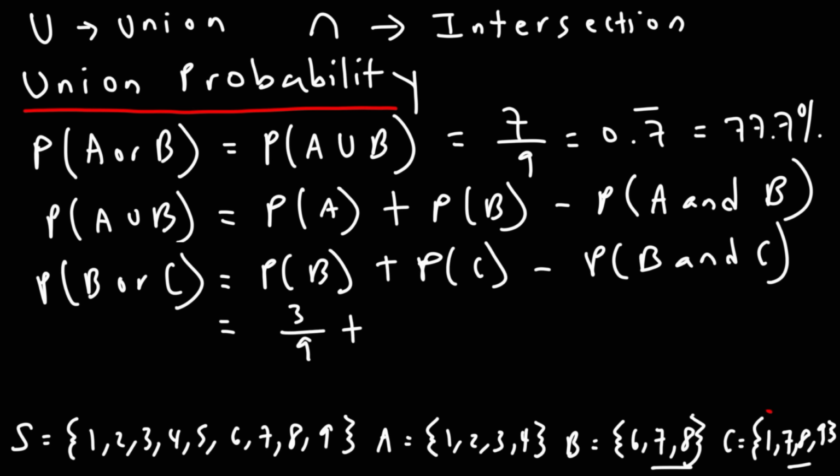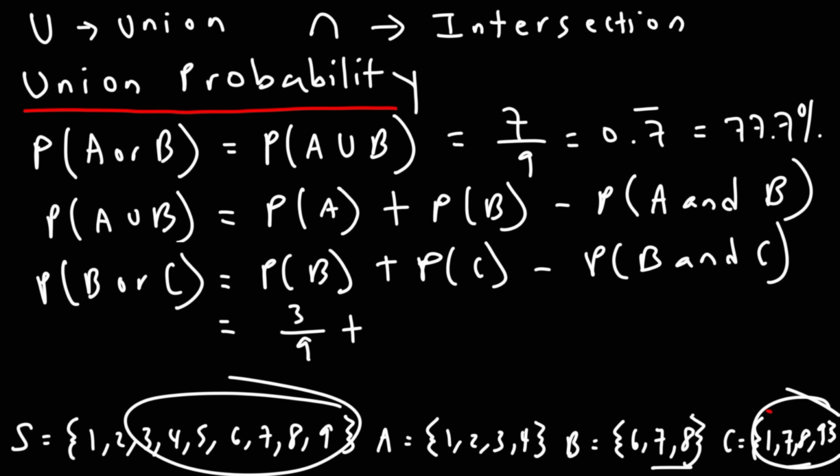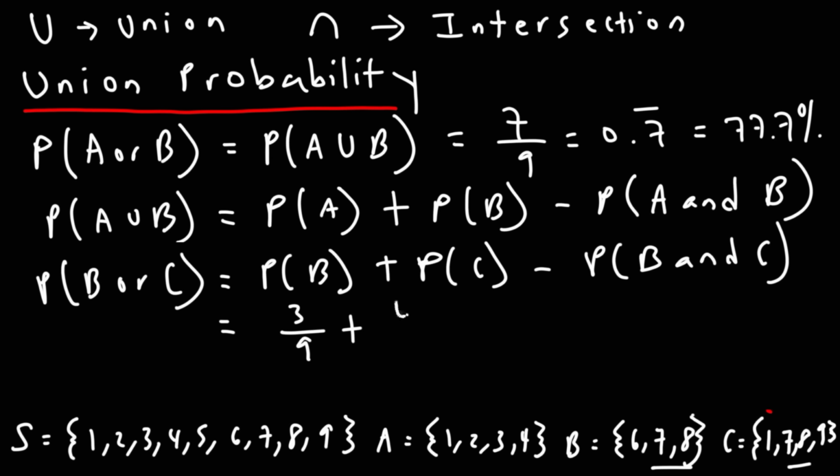The probability that event C will occur, we have 4 successful outcomes out of 9 possible outcomes, so that's 4 out of 9. And the probability that both B and C occur, they share 2 elements, so it's going to be 2 over 9. But this is minus 2 over 9. So we have 3 plus 4, which is 7, minus 2, that's 5.